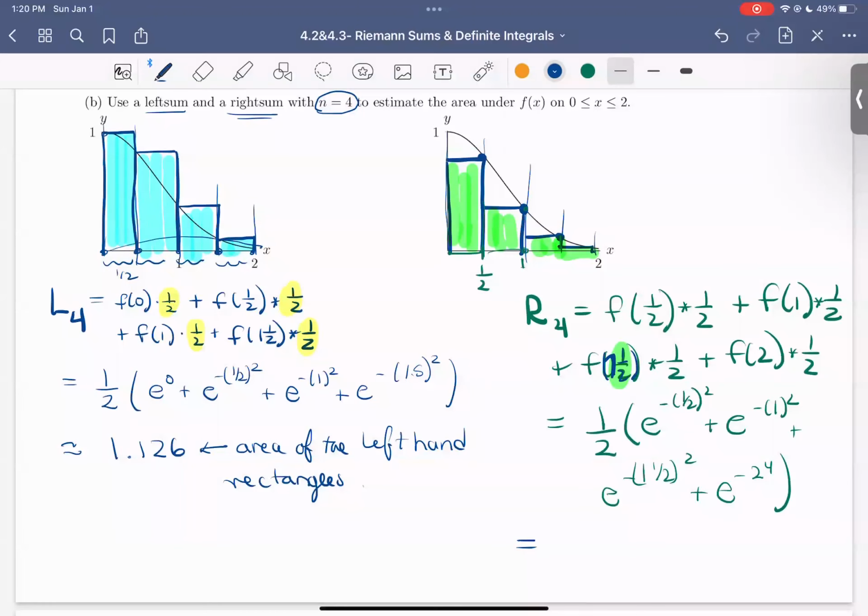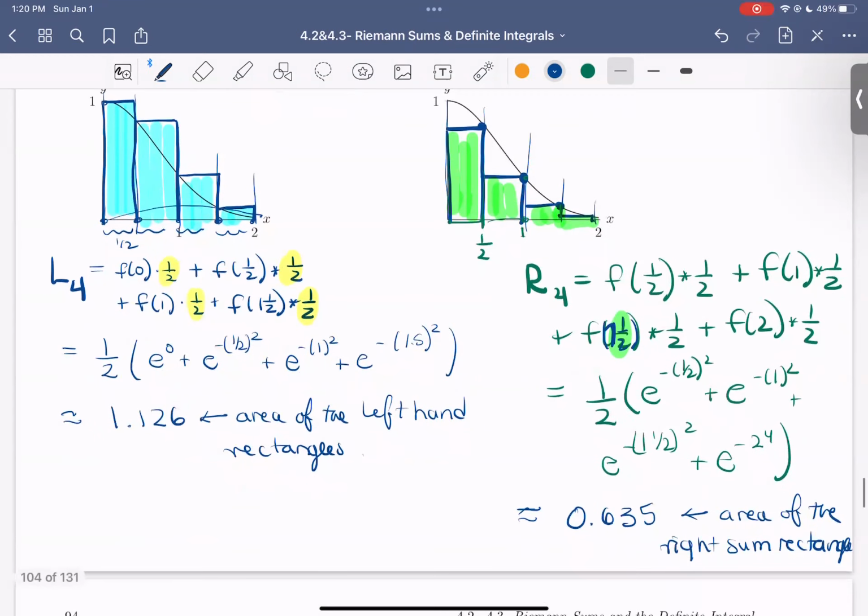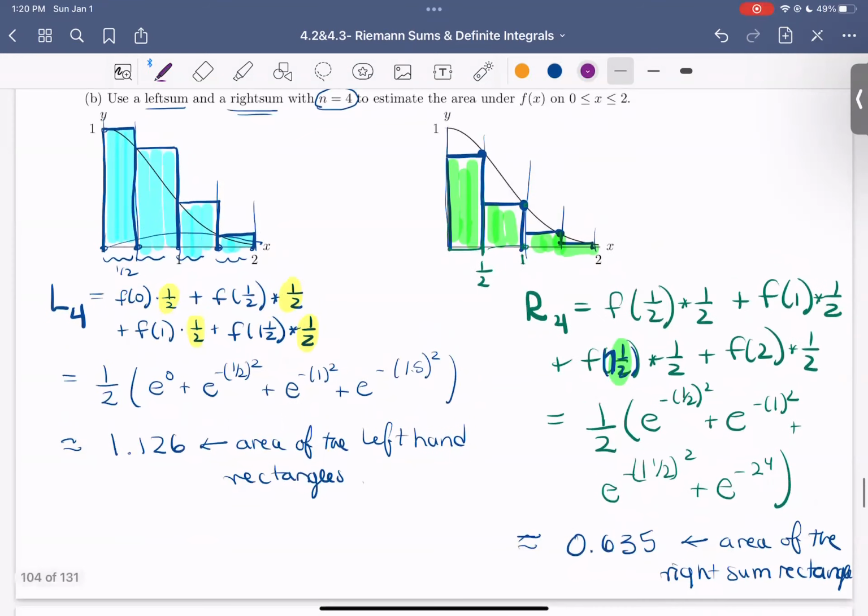All right, so now let's go over to our calculator and estimate this decimal value. We get 0.635, and that's going to be the area of the right-sum rectangles. So now to end, let's just consider how the actual area under the curve compares.